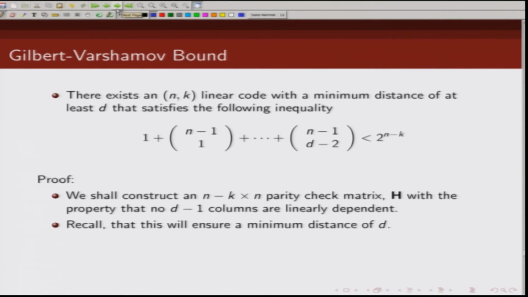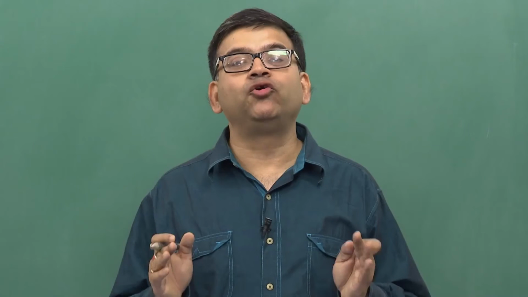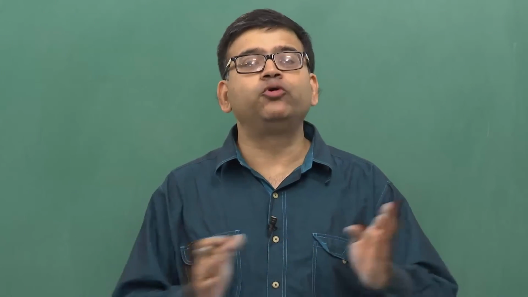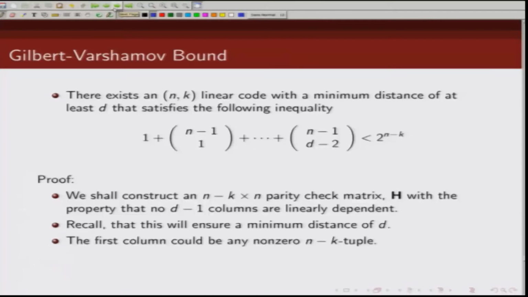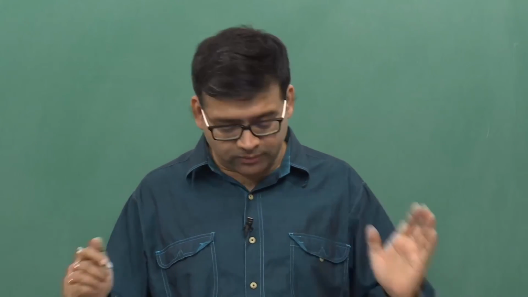So, how do we construct this parity check matrix H such that any combination of up to d minus 1 columns does not add up to 0? Let us start with the first column. The first column of this parity check matrix could be any non-zero (n-k) tuple, with ones or zeros or whatever.